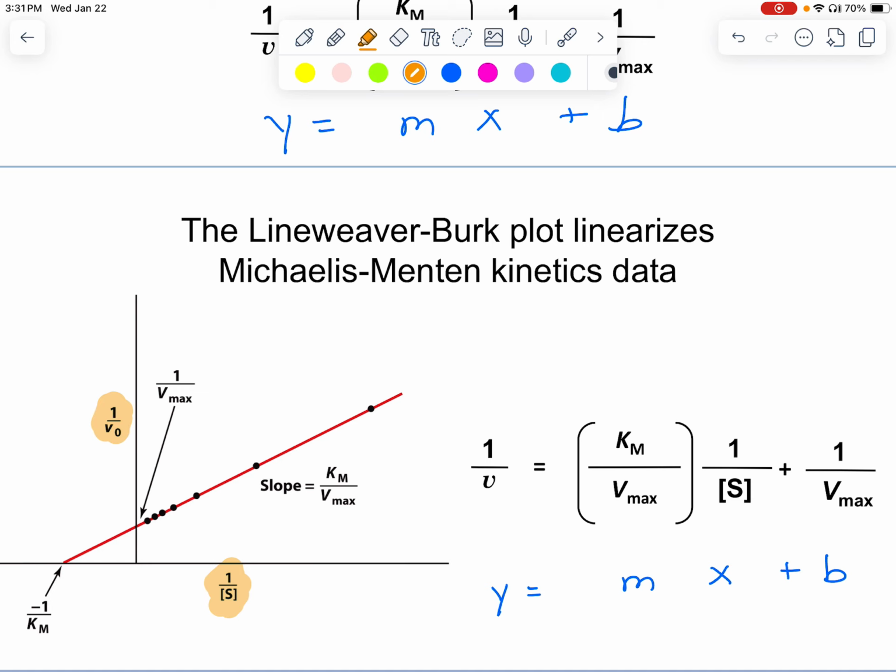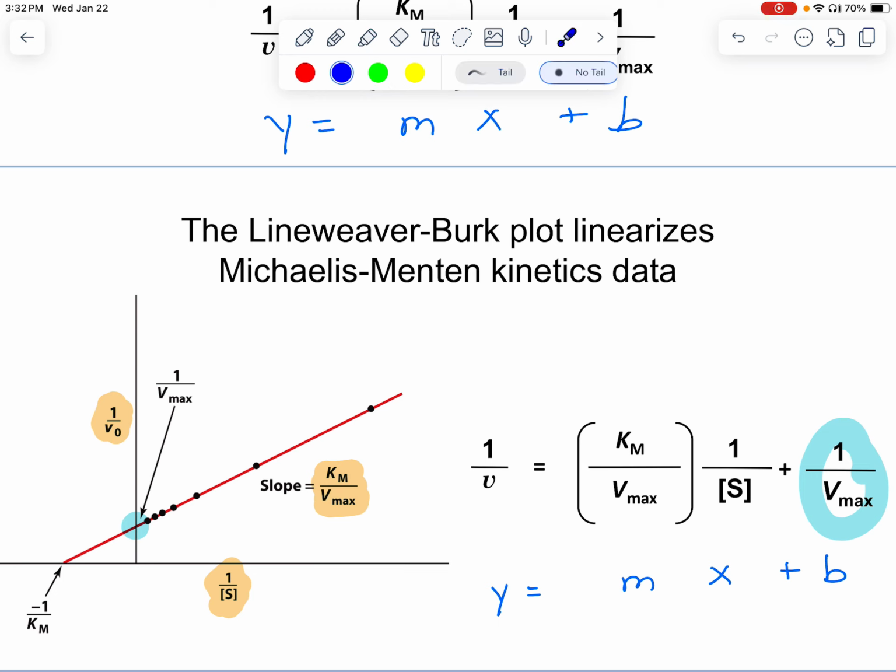I could calculate my slope from the graph, and I know my slope would be Km over Vmax. I know my y-intercept right here is 1 over Vmax. So if I can read that y-intercept off the graph, I can solve for Vmax.